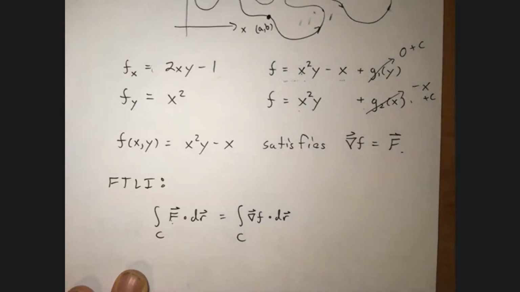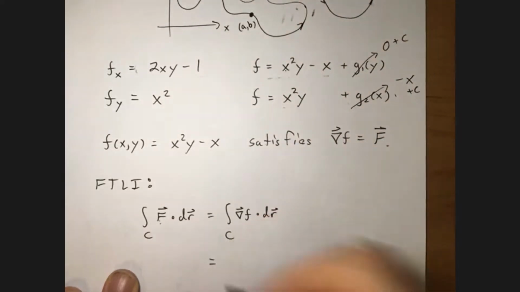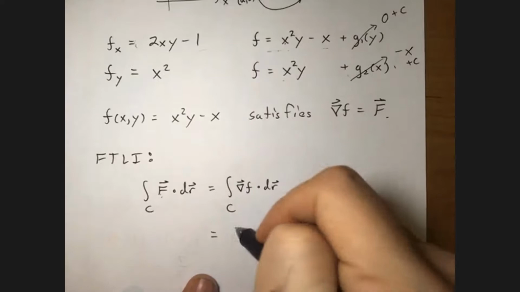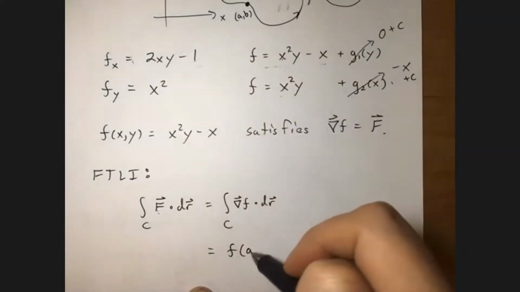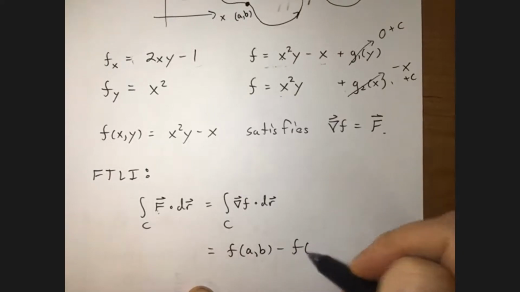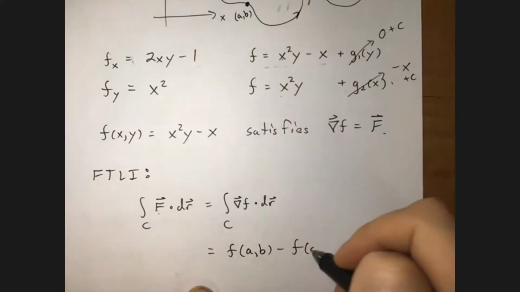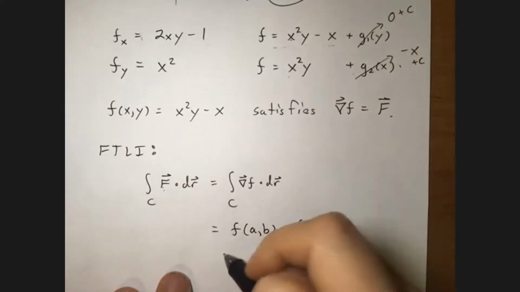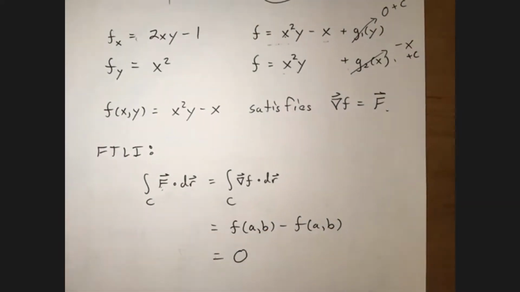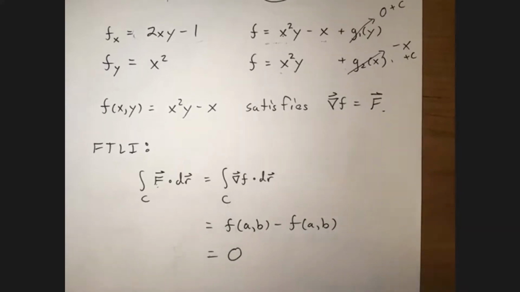Now we can use the theorem. The theorem is going to tell us that this is just little f at the end point, AB, minus little f at the beginning point, which is also AB. So I don't know what AB is, but I know that this is 0, right? So even though I don't know anything about that curve, except that it's a closed curve, I know that my answer is going to be 0.